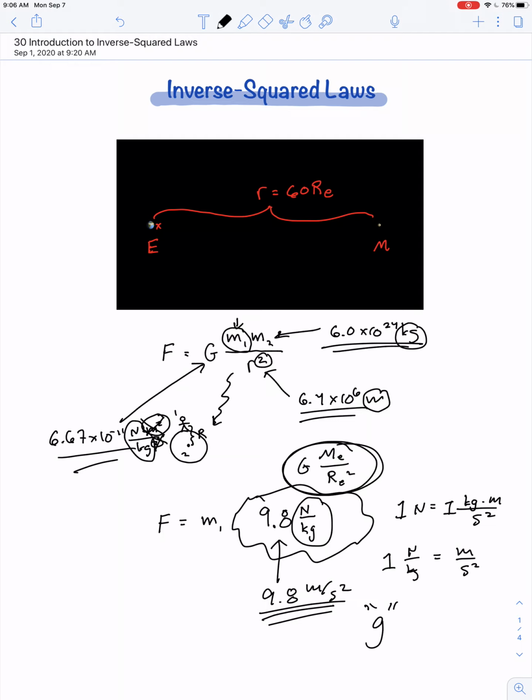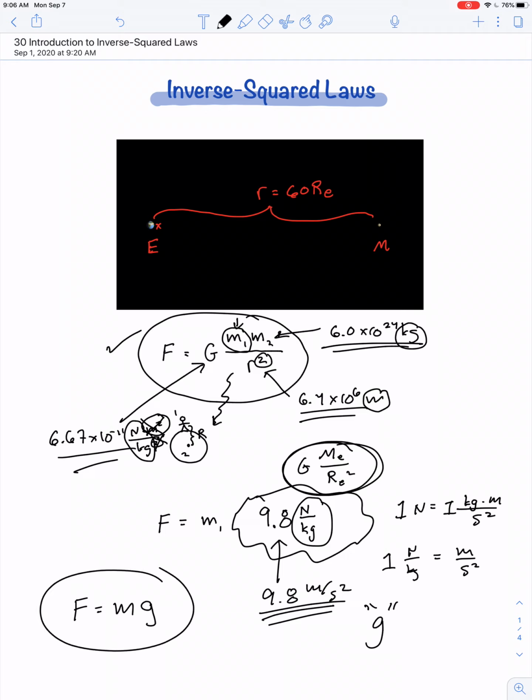So for now, we're not going to use the formula in this form when trying to calculate forces of gravity, because we're always going to find the force of gravity for things that are located very near the surface of the Earth. So we can just use a shortcut and say the force is equal to the mass of the object at the surface of the Earth multiplied by the Earth's acceleration due to gravity.